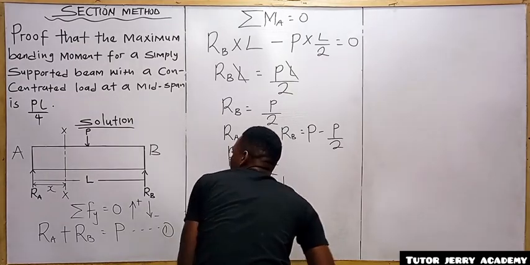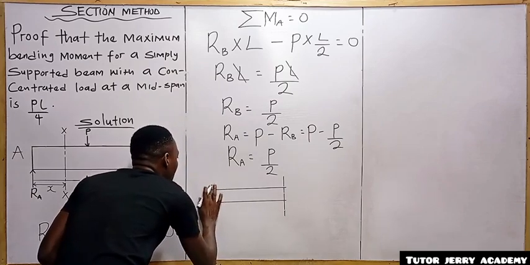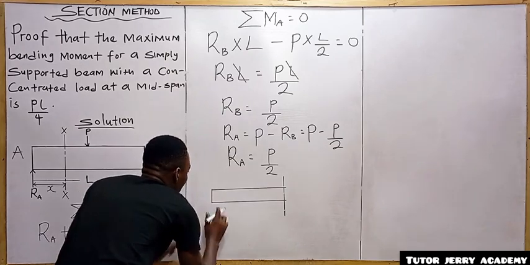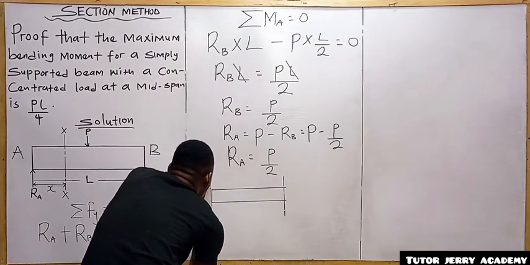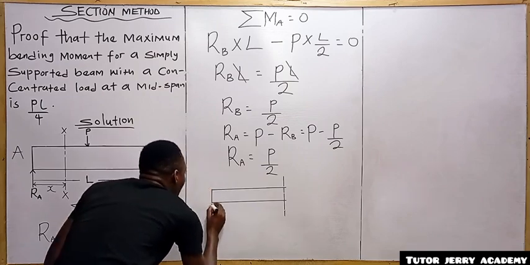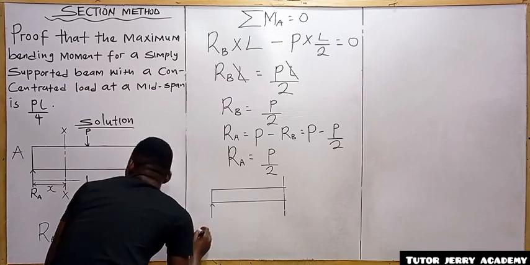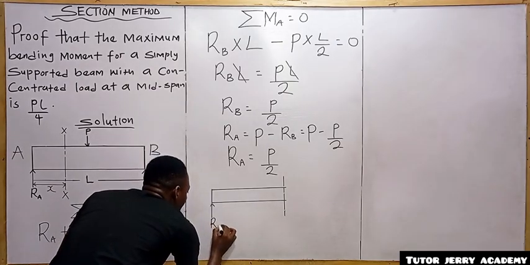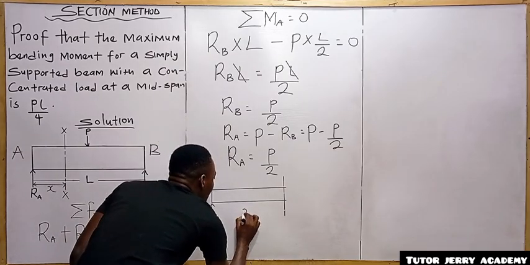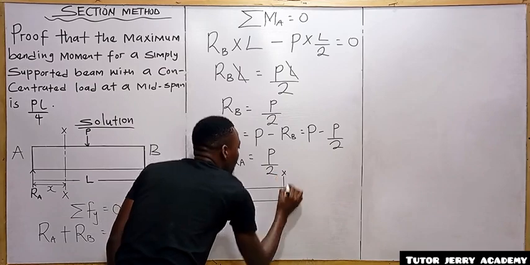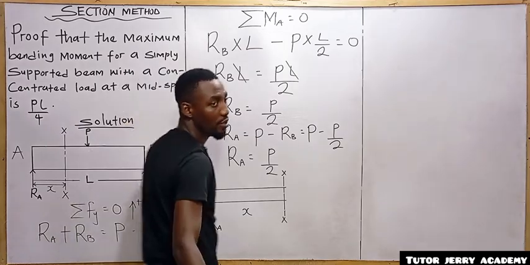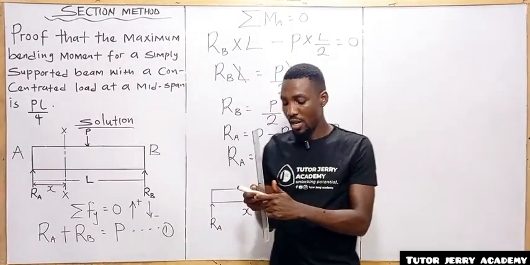So here we are having a reaction at this point, which is reaction A, and from this point to this point is X, and here we are going to have section SS. Take note of something clearly here.